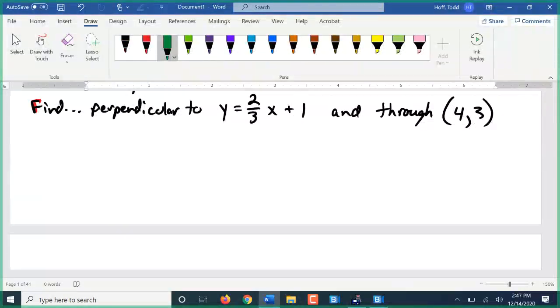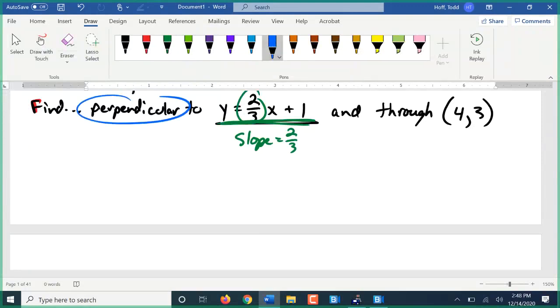So this time, all we need from this equation is still just the slope of 2/3. The difference is it's perpendicular. So we know the slope of the perpendicular is going to be the opposite reciprocal. This is positive, so the perpendicular is going to be negative. And the reciprocal 2 over 3 becomes 3 over 2. So negative 3 over 2 is the slope of our perpendicular.